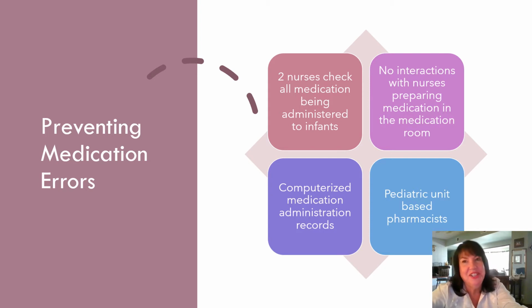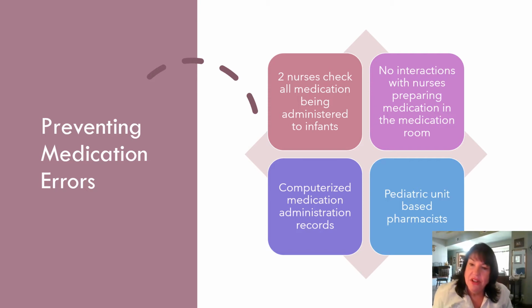Also, things are often color-coded, if you've noticed, on your computerized MAR, and that helps us too realize, oh, you know, maybe we didn't catch it. It's green. It looks like we should have given that medication an hour ago, or that medication is due now, and we're more aware of it if it's on a computerized MAR.